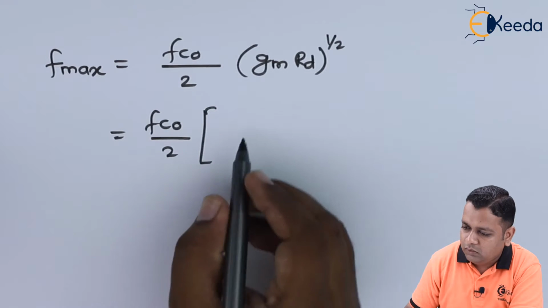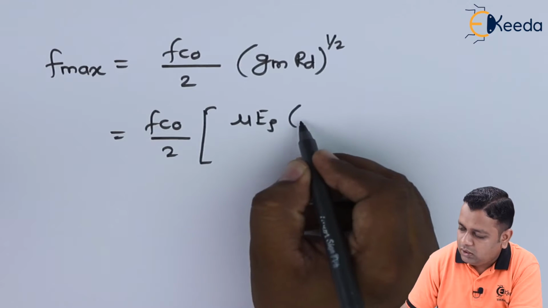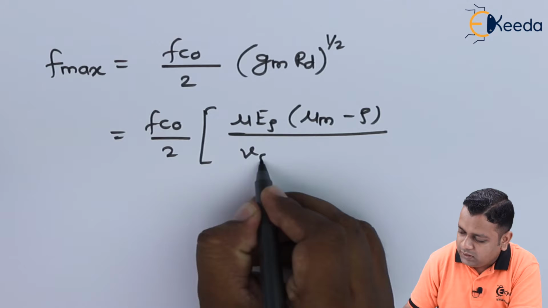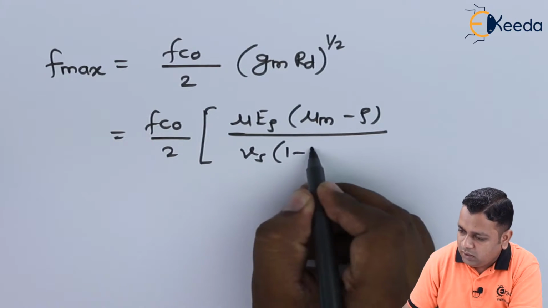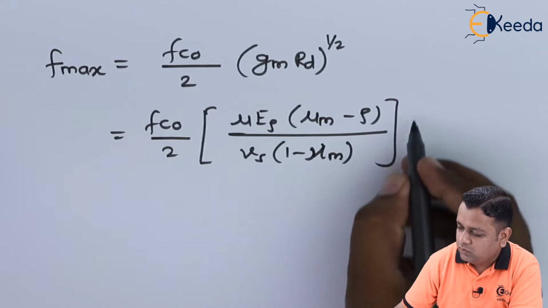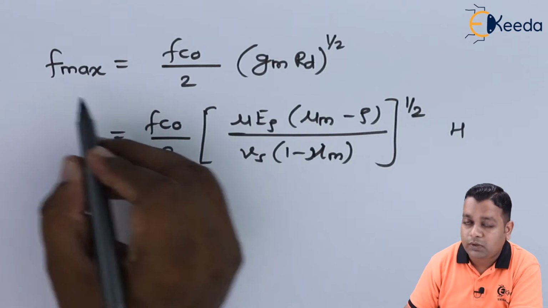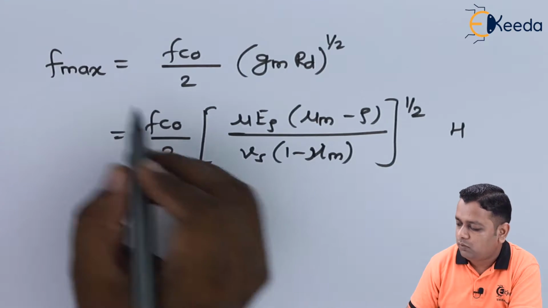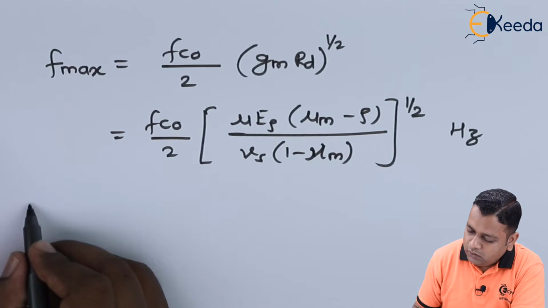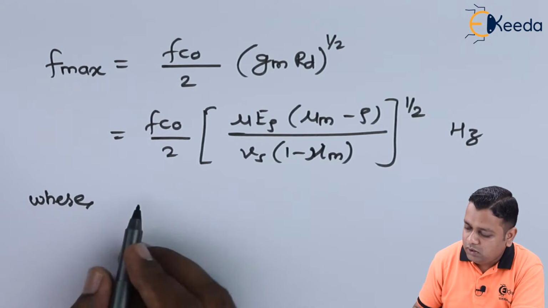The square bracket involves mu into E_rho in multiplication to mu_m minus rho, divided by V_s, in the bracket 1 minus mu_m. The square bracket is under the square root, and here we have the maximum frequency of oscillation accounted in terms of hertz only, where we express the various factors involved.